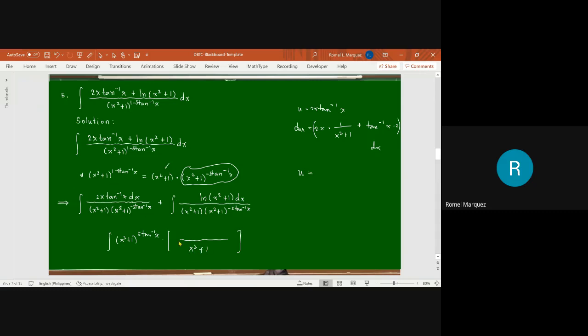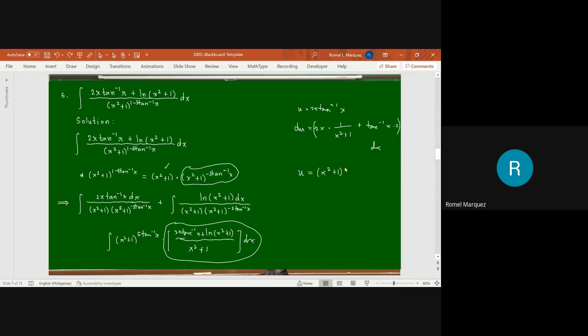But our u is something x squared plus 1 raised to 5. Or you can get rid of the 5, just tangent inverse, and for the meantime, take n equals 5. But later, sometimes, you need to give a part of this to this so that what? So that you will come up with the differential, no?